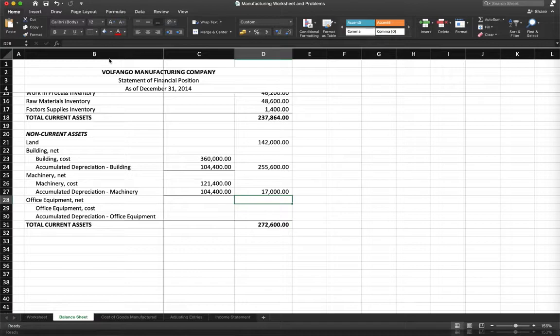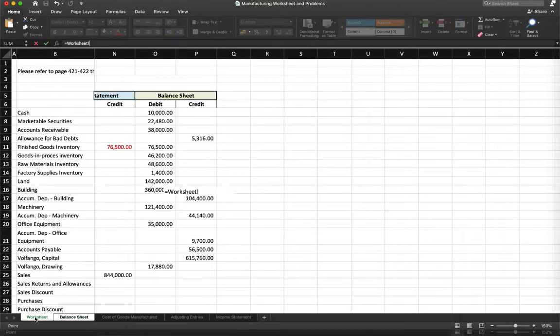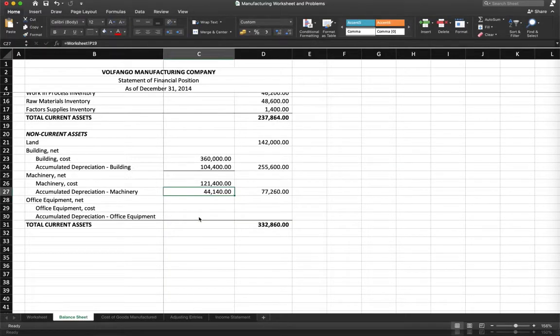Okay. So, tama ba yan? This is machinery. Magkano accumulated depreciation ng machinery? Machinery, 44 pala. 44. Yun, 77,260.